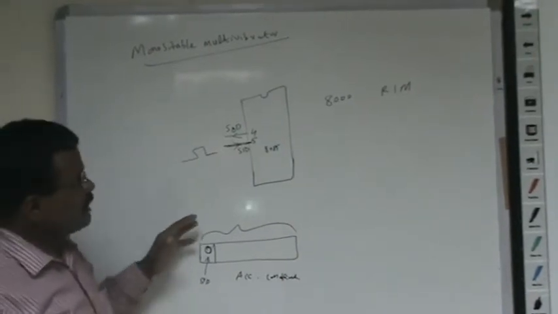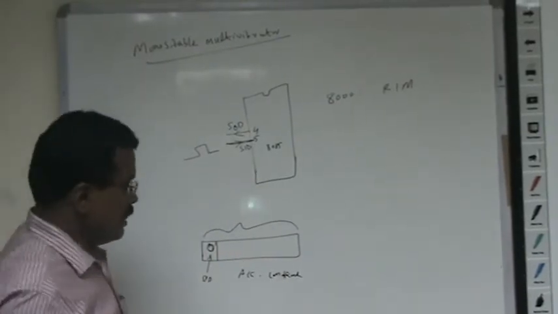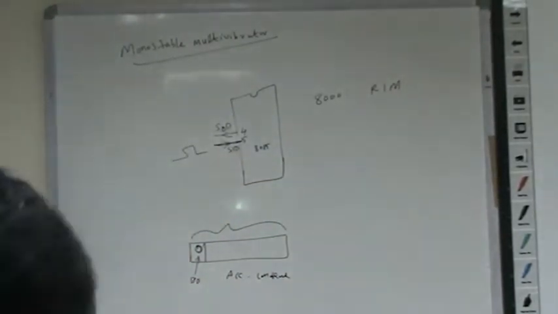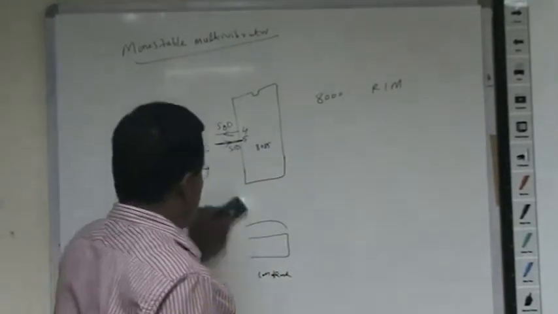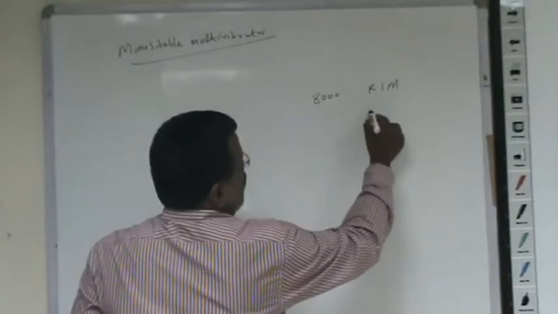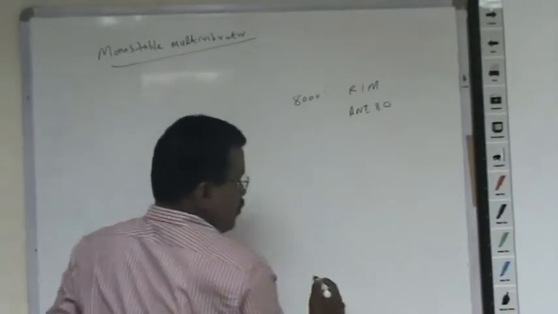If it is 1, it means that it has received the trigger. If it is 0, it has not yet received the trigger. So in this case, checking the MSB, ANI with 80. What will be the data? 80.